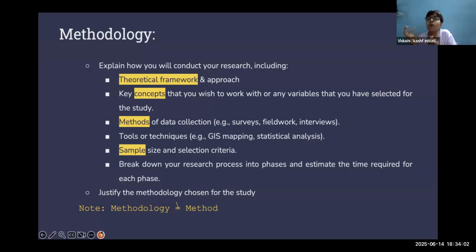Whereas a method is what you will use to clean the room. You could use a broom, a mop, or a vacuum cleaner. That is the tool, and with every tool, what you get as a result will be different. But with that tool, you will be trying to take the direction that you had decided for your study. It's all interlinked. The approach that you're taking towards cleaning the room is the larger ambit.